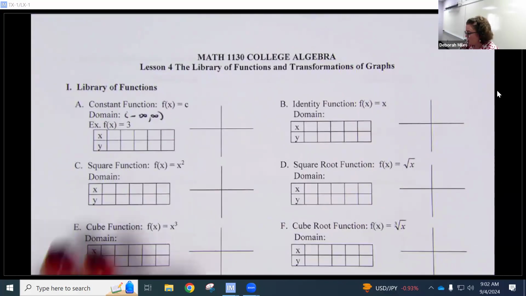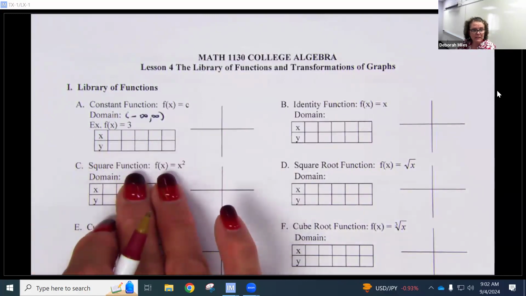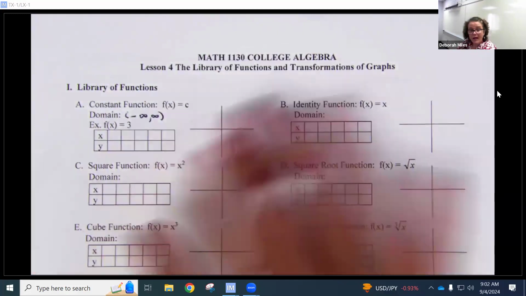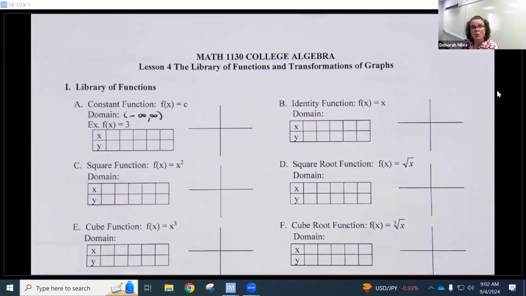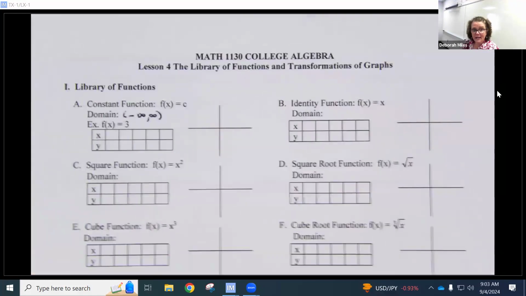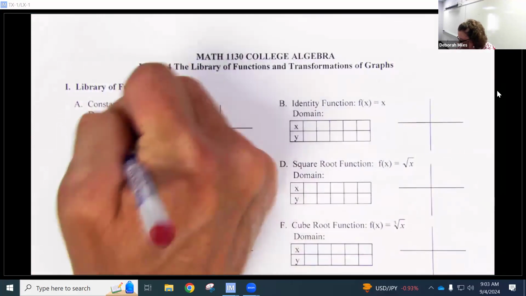And if you don't already know what the graph of f of x equals 3 looks like, you can make a table. Now, after a little bit of practice in tonight's homework, you won't have to make tables anymore. We're trying to get away from making tables by just knowing what the shape of these basic library functions are. Pretend I didn't know what that graph looked like, and just eeny, meeny, miny, mo, pick some x's.